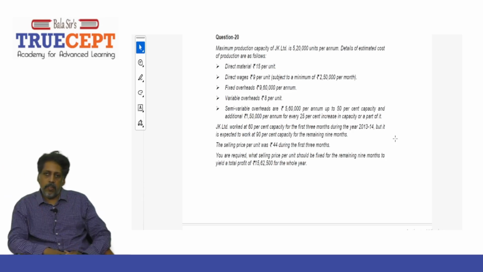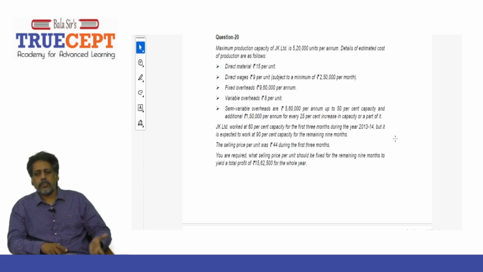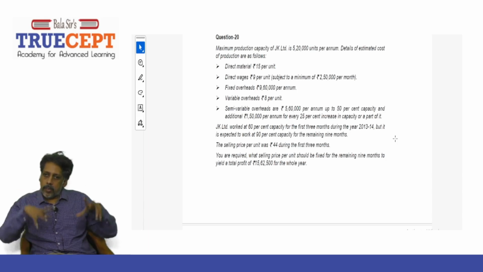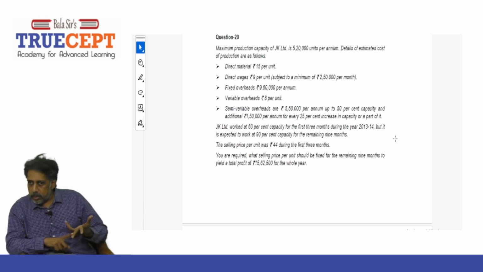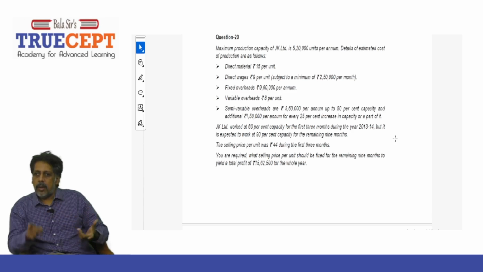Therefore, please remember, in this example the overheads have been classified based on cost behavior, how they're going to behave: either fixed, variable, or semi-variable, part fixed and part variable.